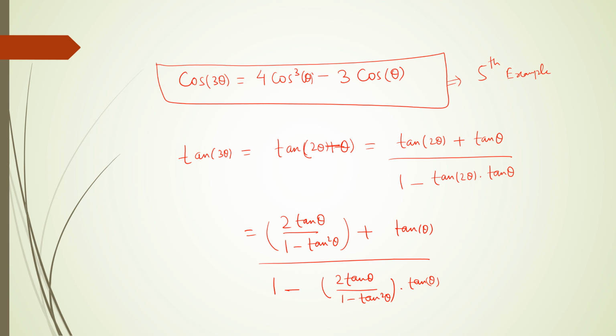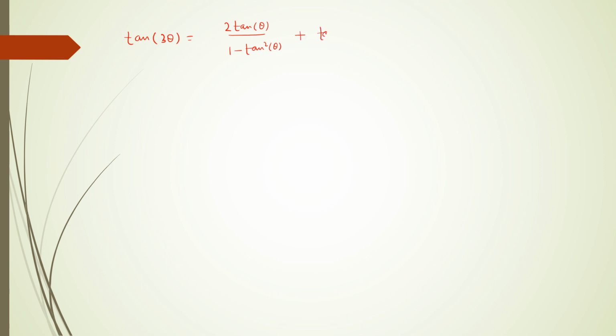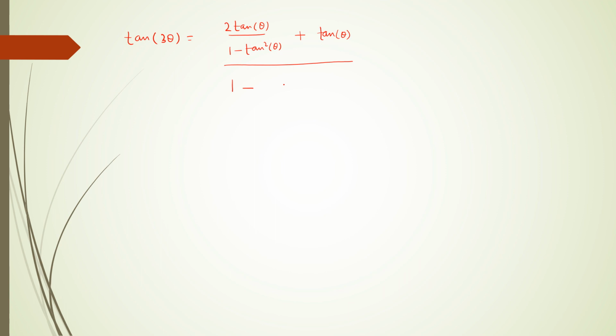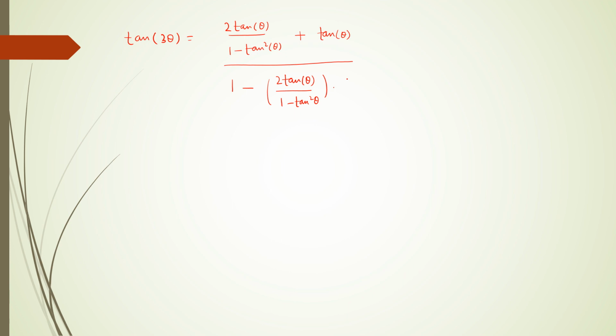So in the next line, tan of 3 theta is equal to 2 tan theta upon 1 minus tan square theta, then plus tan theta, whole upon 1 minus 2 tan theta upon 1 minus tan square theta, then into tan theta.